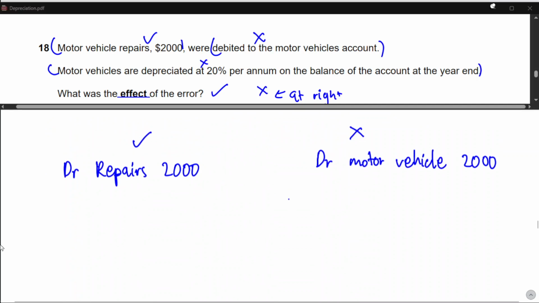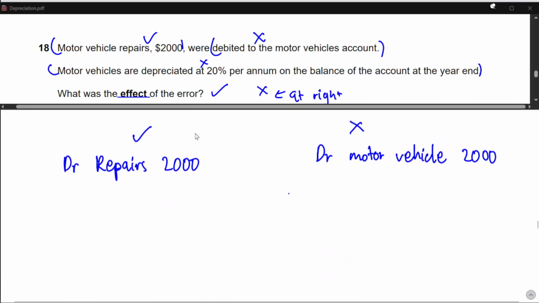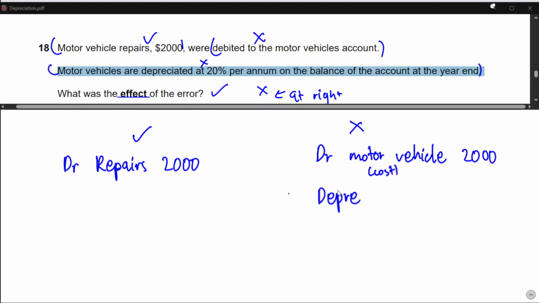Yeah. So then continue, then depreciate. Got this one debit, then this one is a cost. So it depreciate 20%, and the balance actually refer to the cost.